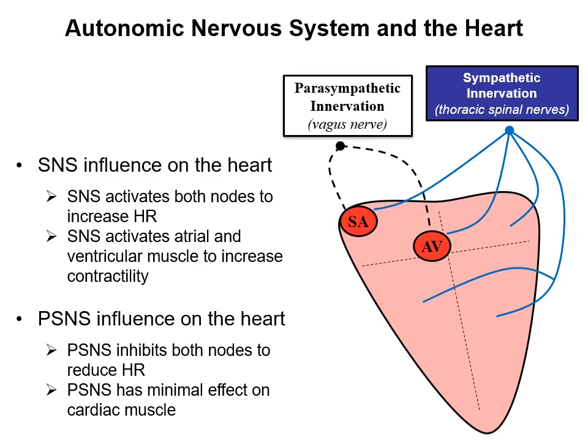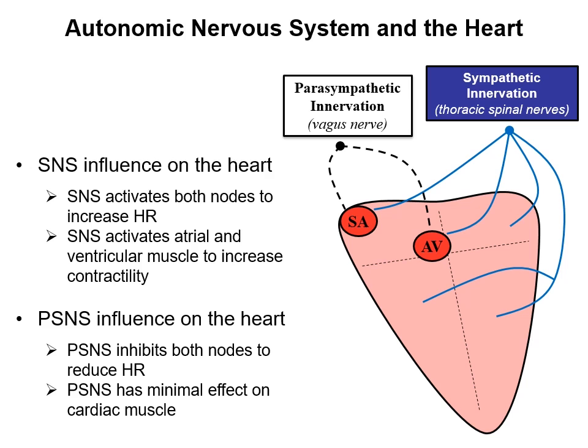So how do we regulate the heart with the autonomic nervous system? For some reason, this is commonly missed on exams or forgotten. Please remember that the sympathetic nervous system innervates the entire heart, whereas the parasympathetic nervous system only has a real significant influence on the nodal tissue, and that would be the SA node and the AV node.